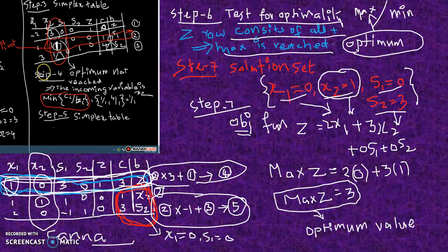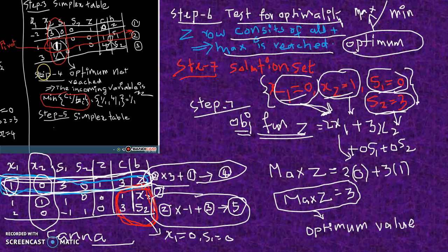x2 is equal to 1 and s2 is equal to 3, s1 is equal to 0 and x1 is equal to 0. Substitute all these variables in our objective function. 2 into x1 plus 3 into x2 plus 0 into s1 plus 0 into s2. Substitute here. The x1 value is 0, so this is 0.